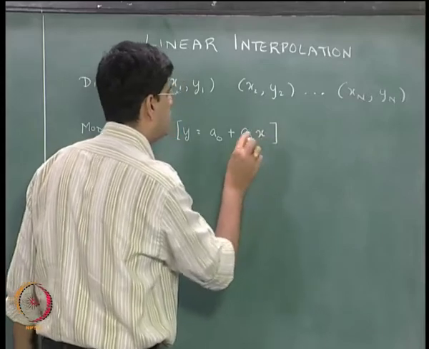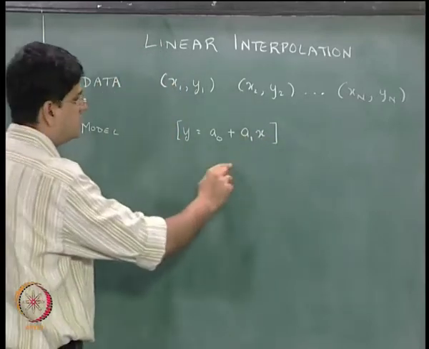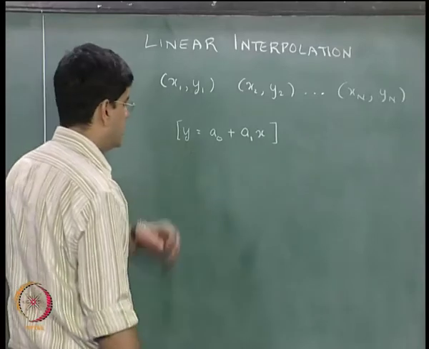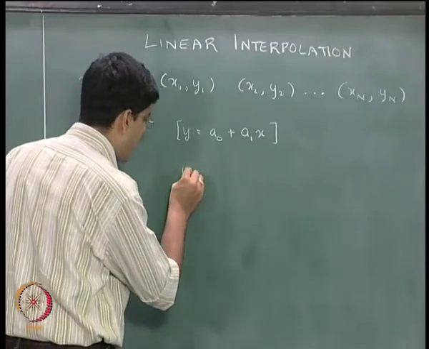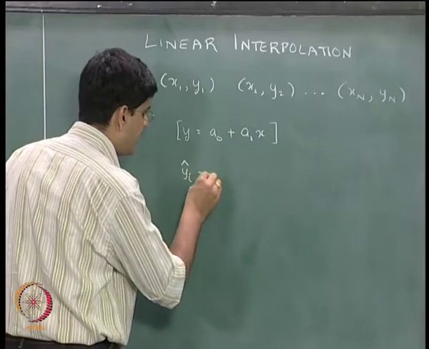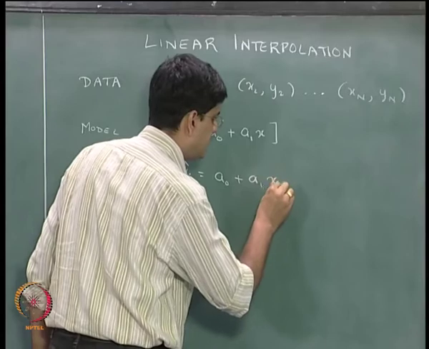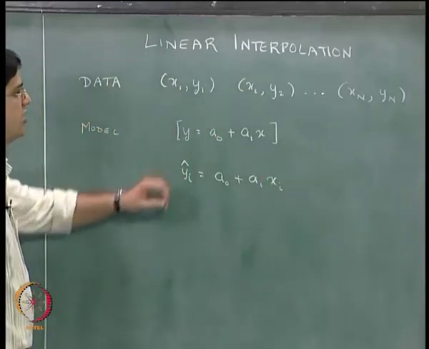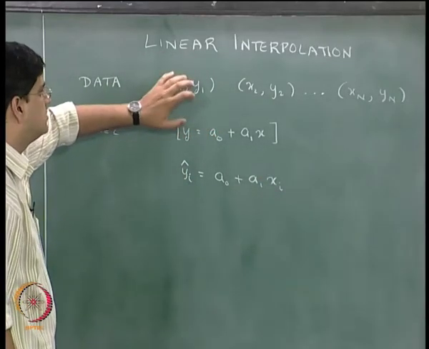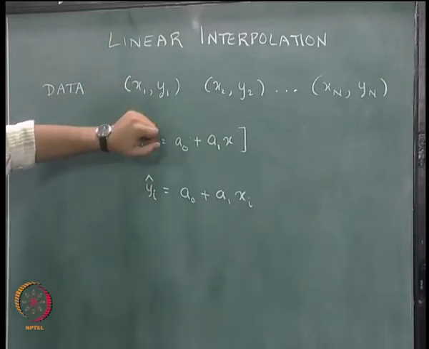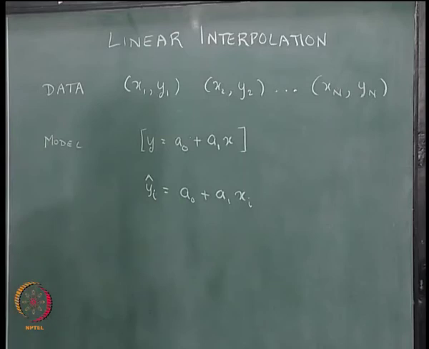When we substitute the value of xi in this particular equation, the value that we will get from the model is, we are going to call it yi hat. yi hat is going to be a0 plus a1 times xi. For example, let us consider this particular data point. Let us say x1 value was 0.2 and y1 value was 0.3.